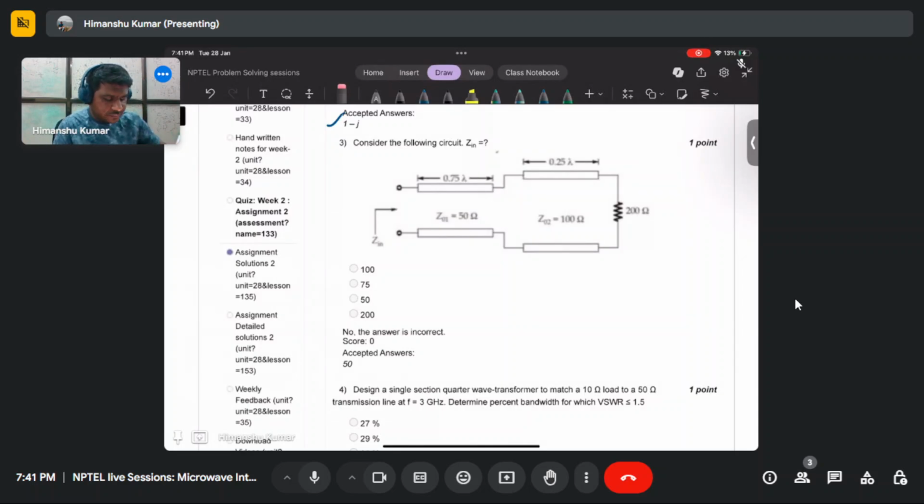This is the quarter wave transformer line, and this is the quarter wave section, and you can write the impedance as this. This is the load impedance, which is 200. So basically you can write, just wait.